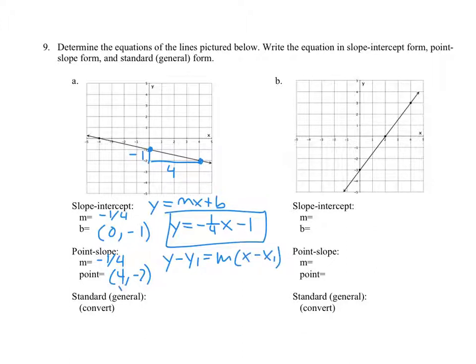So the x1, y1 is the point you use. The other x and y are variables, so they just remain variables. So I do y minus the y coordinate, which is negative 2. And then I put the slope in for m. And I do x minus the x coordinate, which is 4.